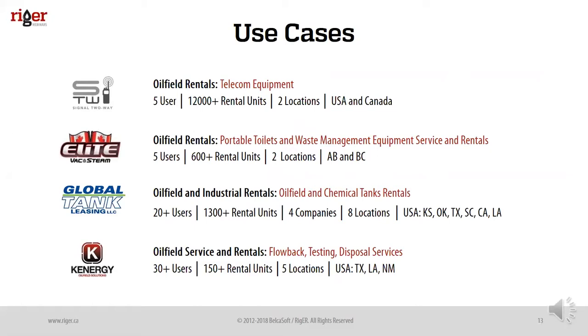Right now, the biggest account has around 12,000 numbers, I would say. We have some companies with around 100 units, some with thousands of units, so both ways work perfectly. However, the majority of our clients have around 1,000 rental units and items.